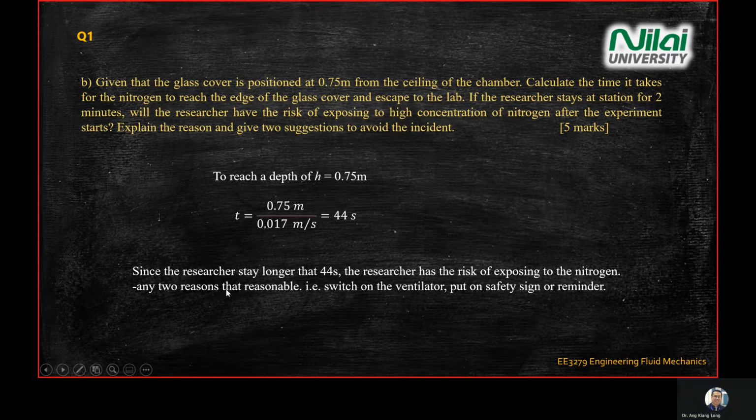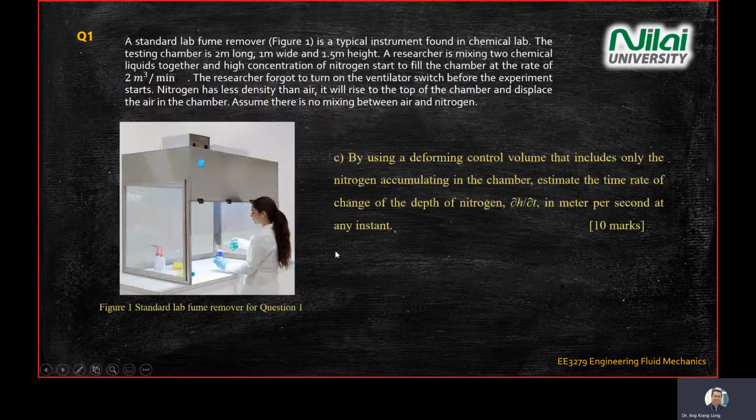And if you give any two reasonable suggestions, for example, switch on the ventilator, put up a safety sign as a reminder, or put on a mask, all these will give you marks. So this was section B.